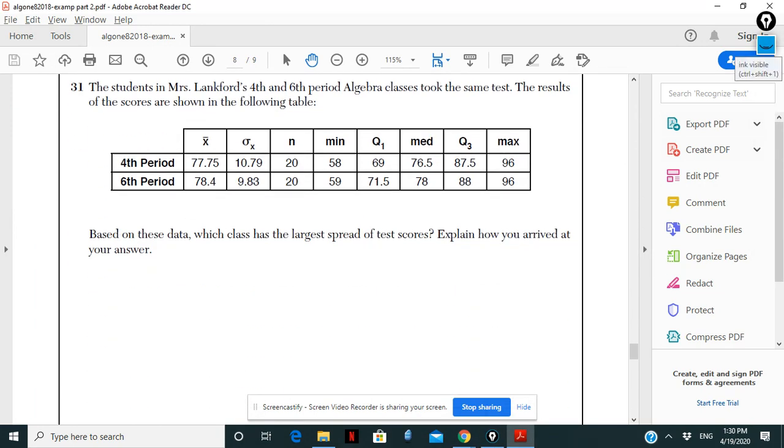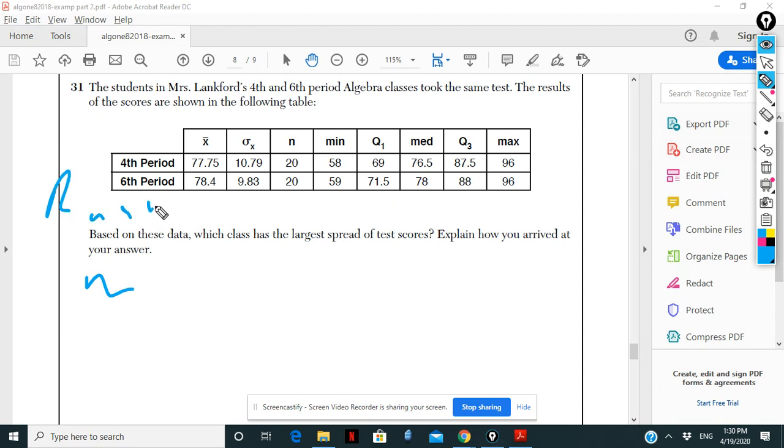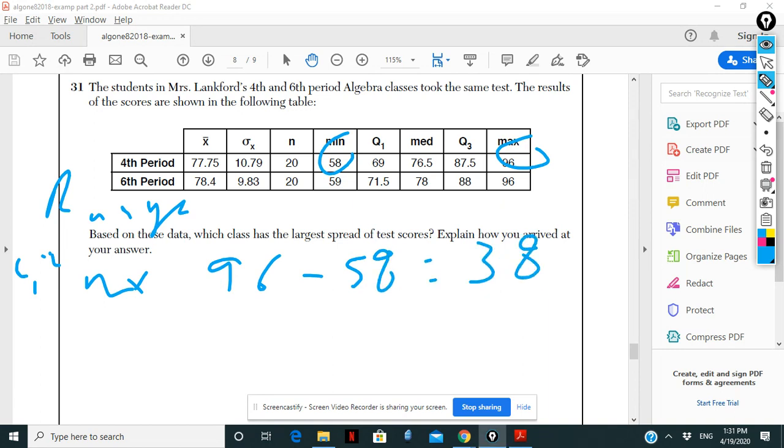Okay. We have fourth period and sixth period. We have the average for each one. We have the standard deviation, everything. Based on this data, which class has the largest spread? So for the largest spread, I can use the range. That's one of the things. So for fourth, the maximum is 96 minus the minimum, which is 58, giving me 38.